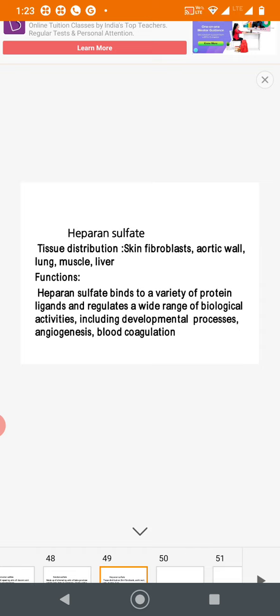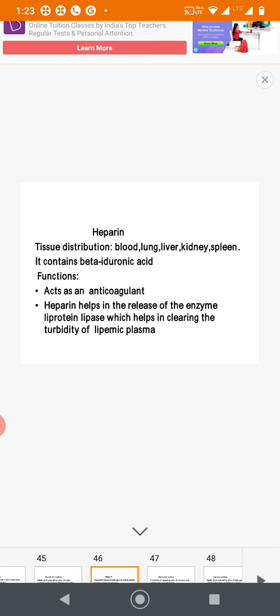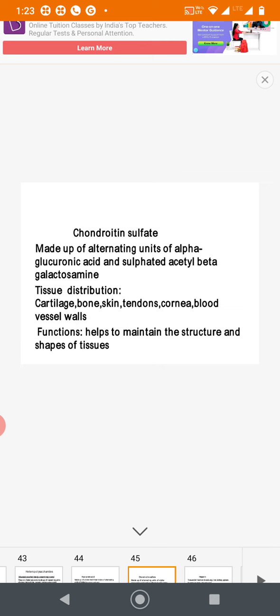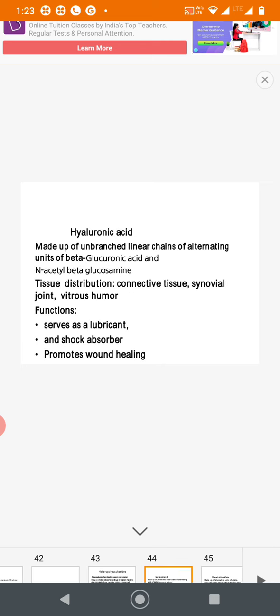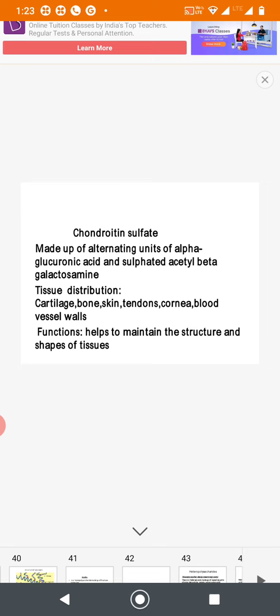What are those? Heparan sulfate, keratan sulfate, dermatan sulfate, heparin, chondroitin sulfate, hyaluronic acid. What is the function of hyaluronic acid? It is present in the synovial joint and acts as a lubricant.